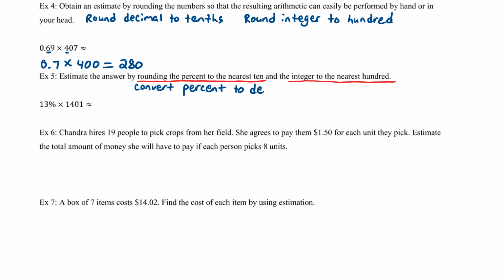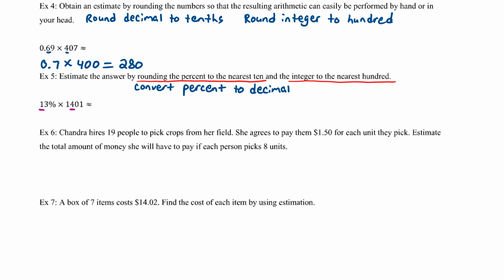Now, this will be done after our rounding, but we do the conversion for the purposes of multiplying properly. So we are going to round to the nearest 10. So here's the 10, and we're rounding the integer to the nearest 100.